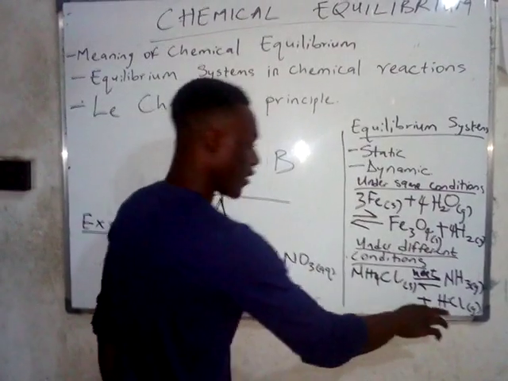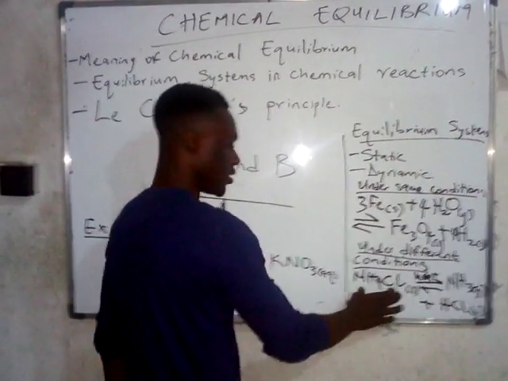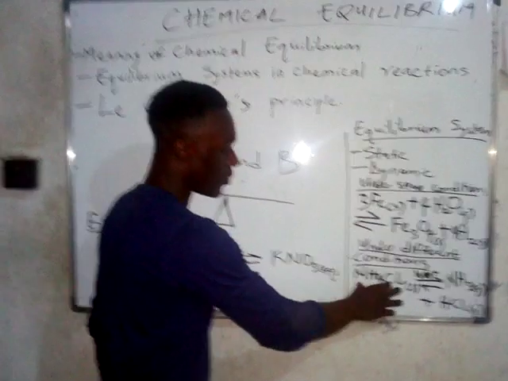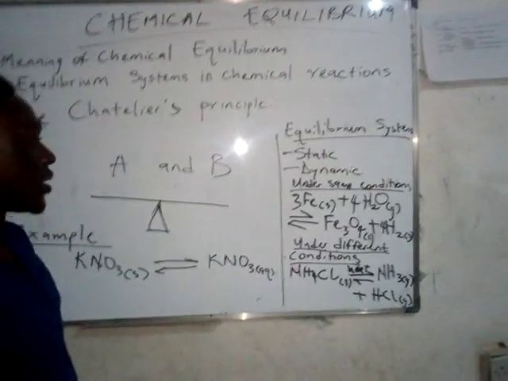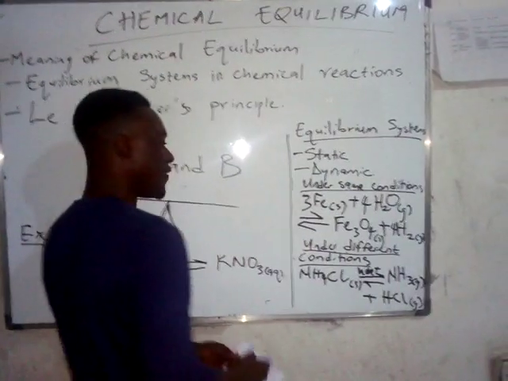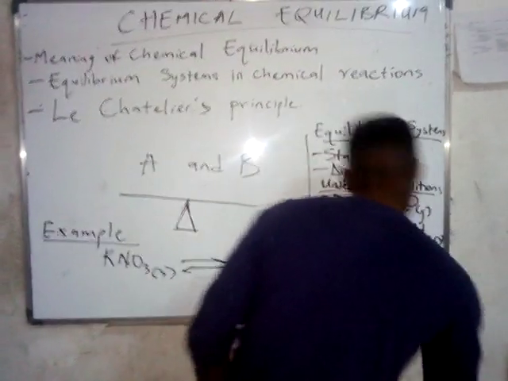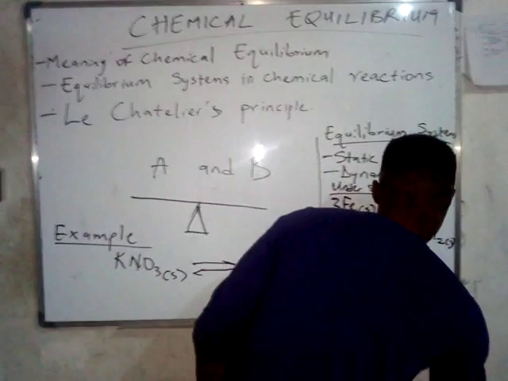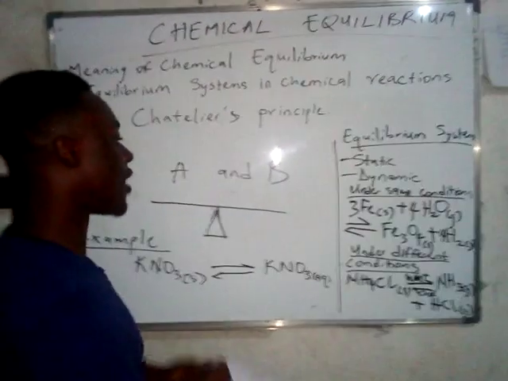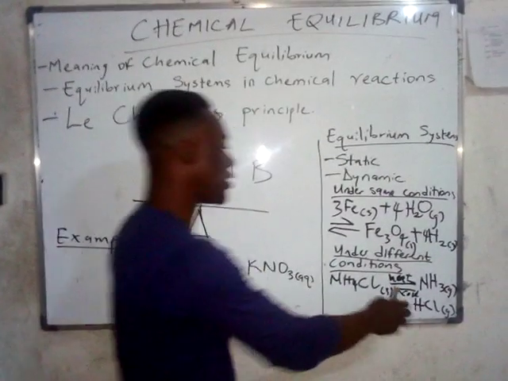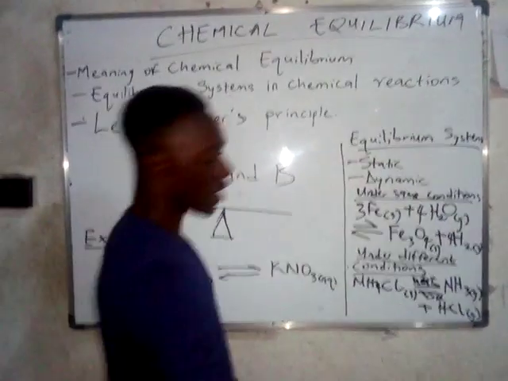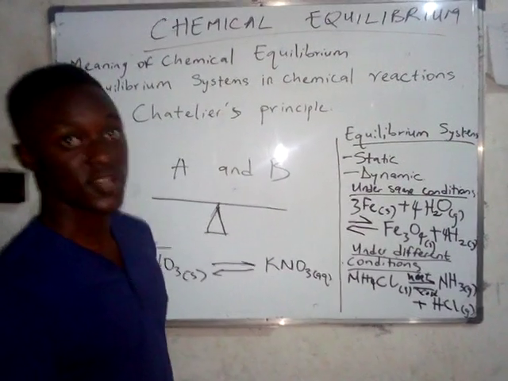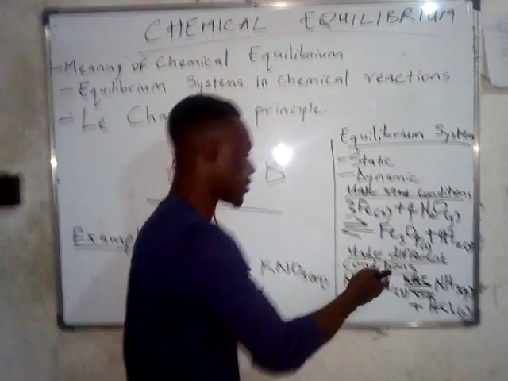However, when you want to get back the ammonium chloride from HCl gas and ammonia gas, it has to be done under relatively low temperature. So that is carried out under cold conditions. Carrying out the reaction between ammonia and HCl under high temperatures won't give you the product, ammonium chloride.